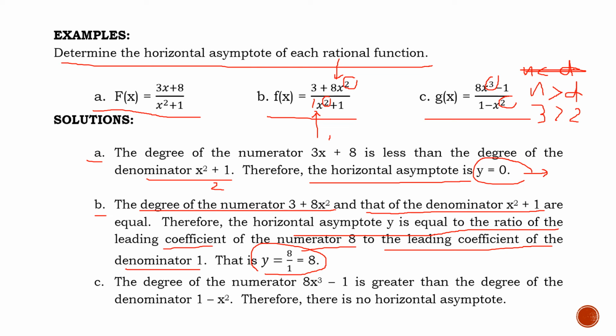So therefore, there is no horizontal asymptote. If n, the degree of your numerator, is greater than the degree of your denominator, then there is no horizontal asymptote for this given rational function.